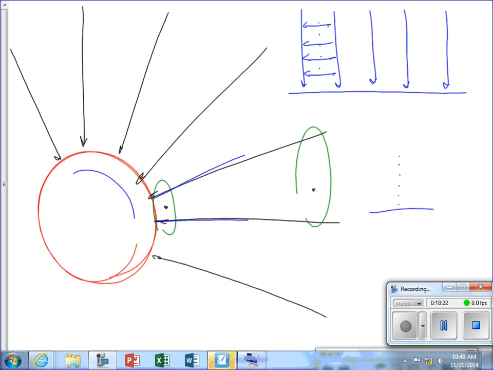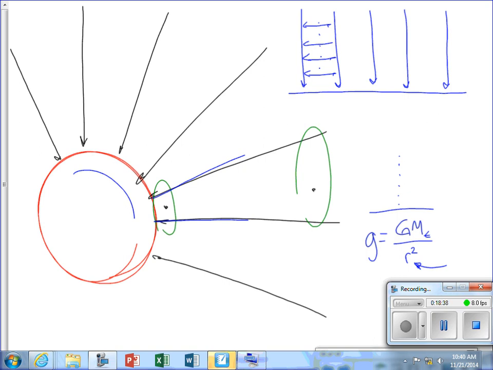But how much weaker? Mass of the Earth, distance from the Earth's center squared. The radius of the Earth is 6.6 million meters.